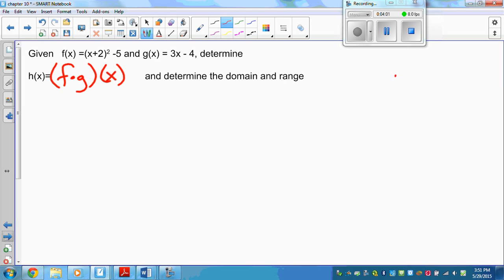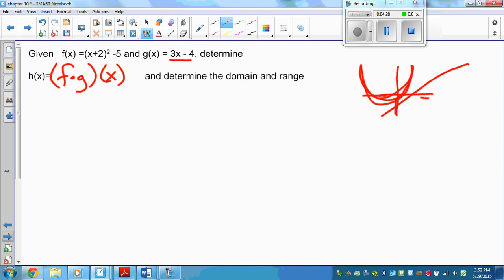So I have a quadratic. Okay, I have some parabola. I'm going to multiply it by linear. So I have some line, 3x minus 4, something like that. Well, when I take a quadratic and I multiply it by linear, my highest degree is going to be cubed.